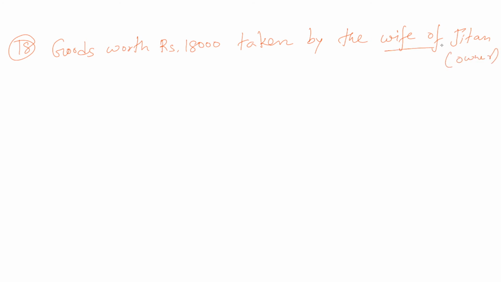So if any of his family members or he himself takes any goods from the business, then that goods amount is considered as drawings. In this case, these goods are actually recorded in the business as purchases, no?